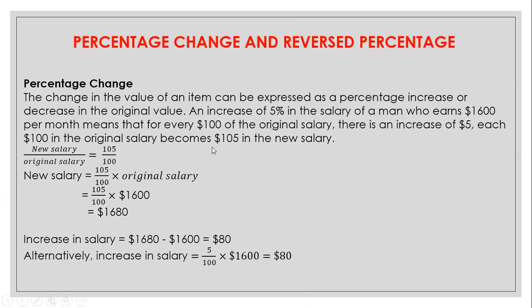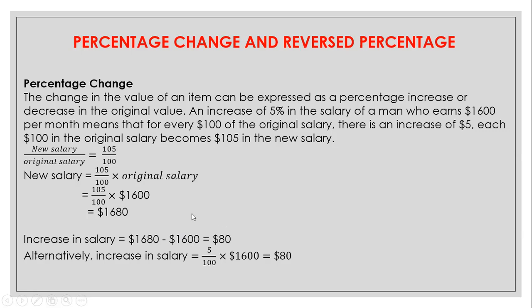Continue. Now we learn about the percentage change. The change in the value of an item can be expressed as a percentage increase or decrease. So increase means 105, right? If it is increased by 5%, so from 100% to 105. The new salary is this. The increase in salary is you just subtract the original salary from the new salary.